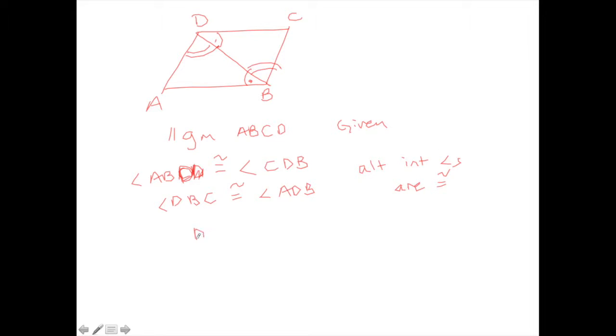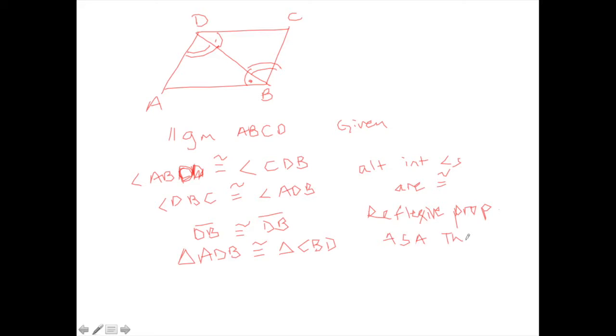Now, since we've got BD congruent to itself by the reflexive property, we can then conclude triangle ADB is congruent to triangle CBD by the ASA theorem, angle side angle congruence.